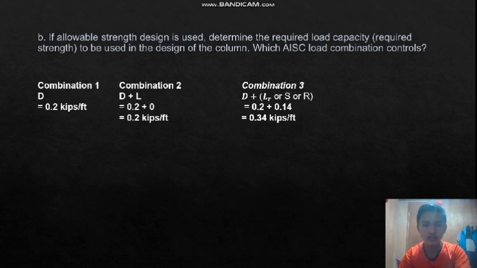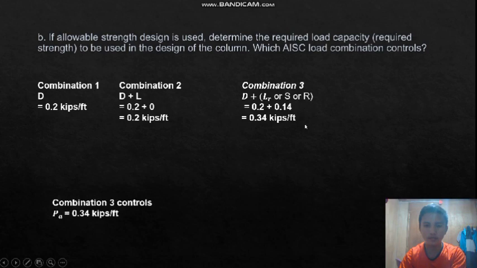We choose here the snow load since it has the highest value. Then we can get 0.34 kips per foot. So combination 3 is the control, and the required load capacity is equal to 0.34 kips per foot.